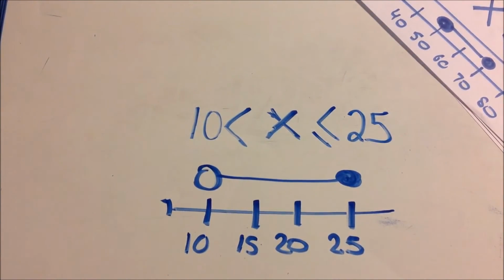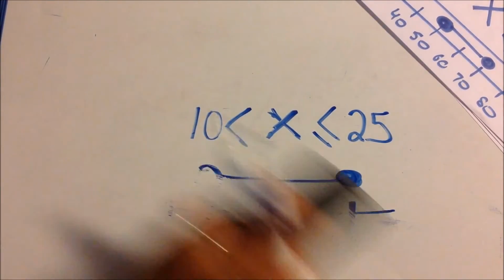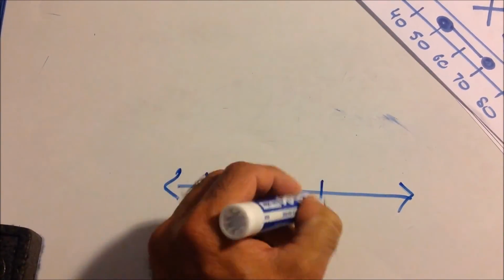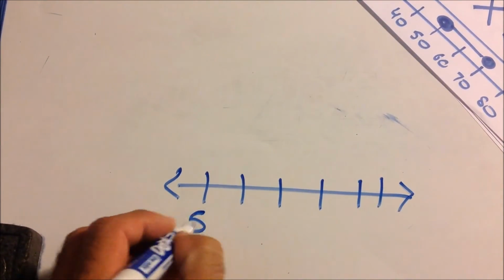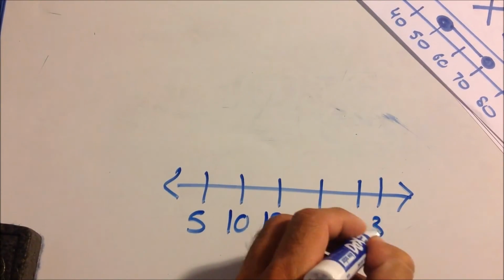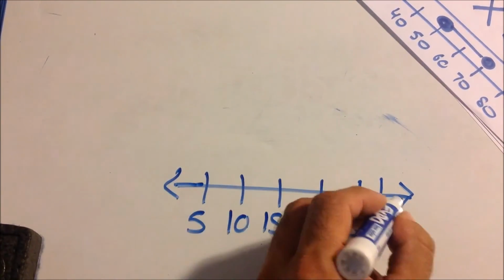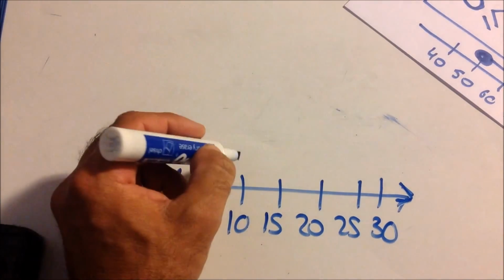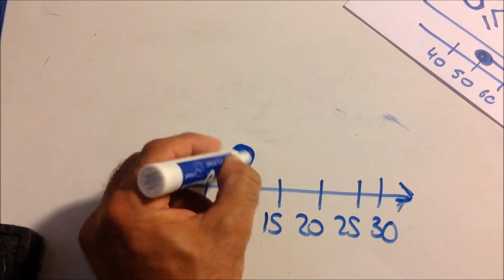Let's do one more. So let's say you saw this on a graph, and we'll just go by 5s. We'll make the graph there. And then we'll say you saw something like this.